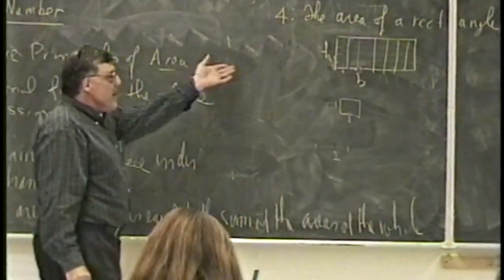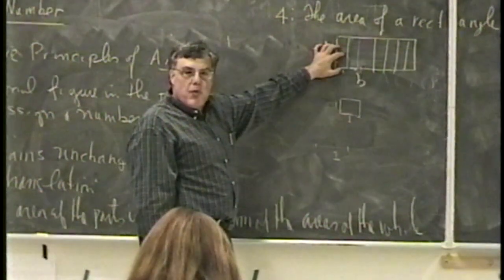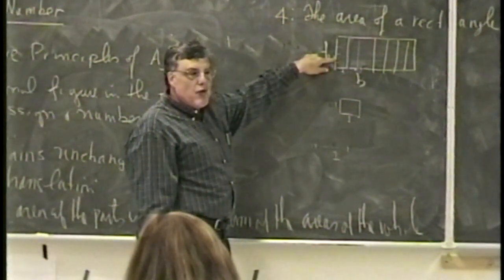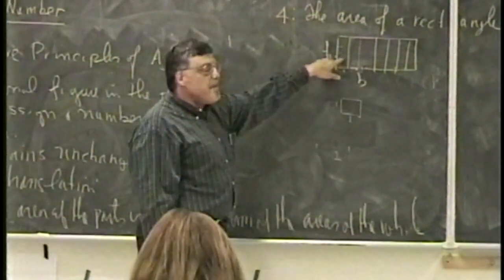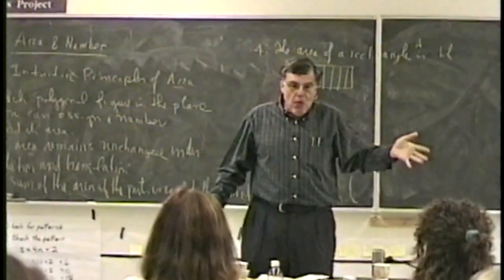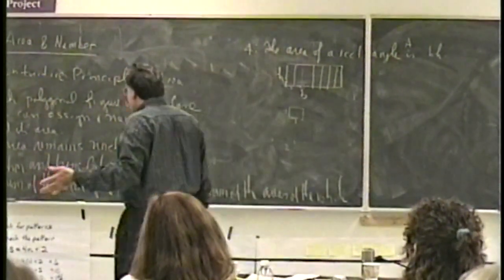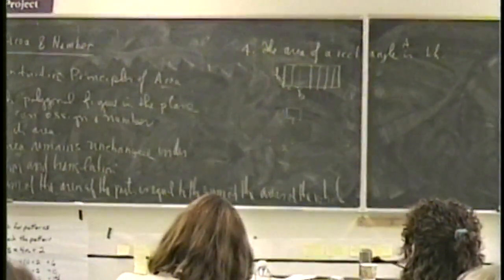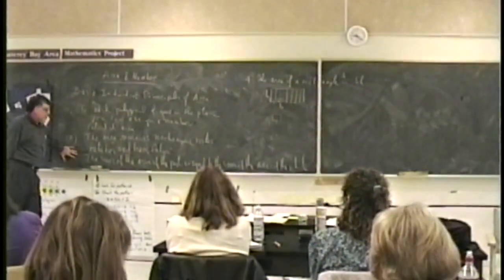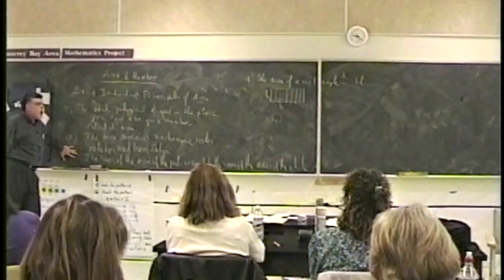Now, how many little squares do you have? You have b times h squares. Each one, by definition, has unit area, has area 1. So now we go over here and we look at the intuitive principle 3: the sum of the areas of the parts is equal to the area of the whole.